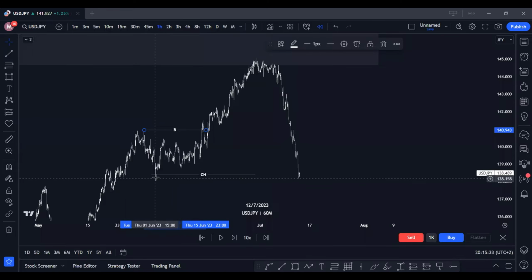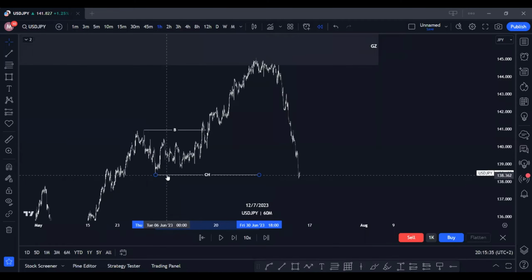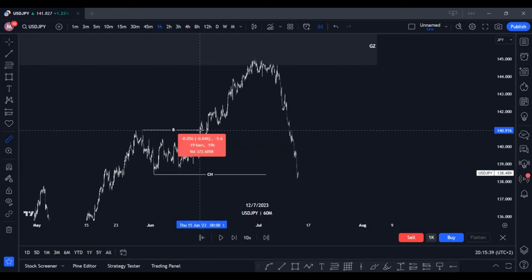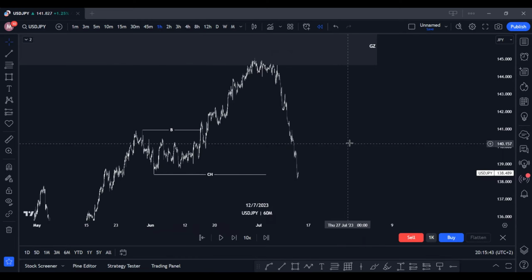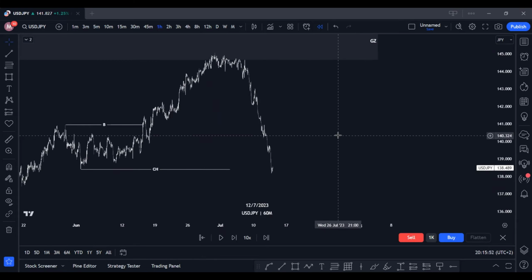When price taps us into your entry, you look for your confirmation entries on your lower time frame. It could be any time frame, but if your main entry is, for instance, on your daily chart, go through your hourly chart and your 2-hour chart to look for your confirmation entries.